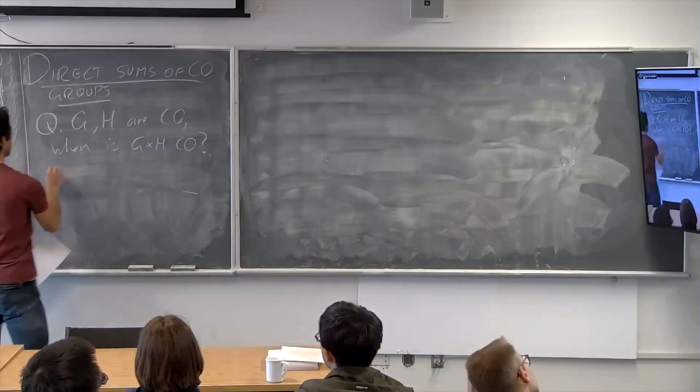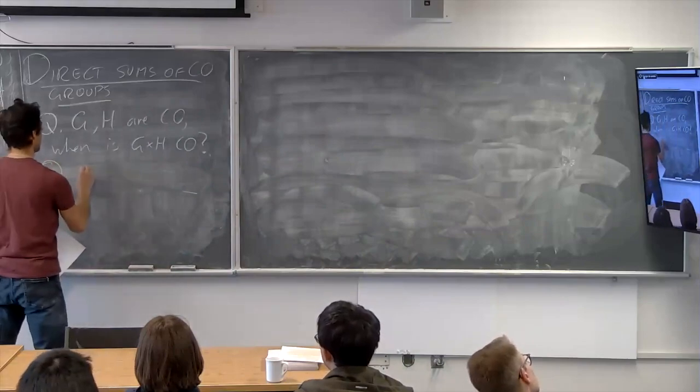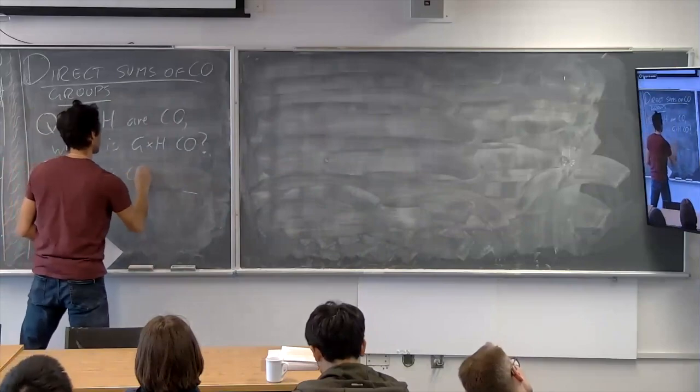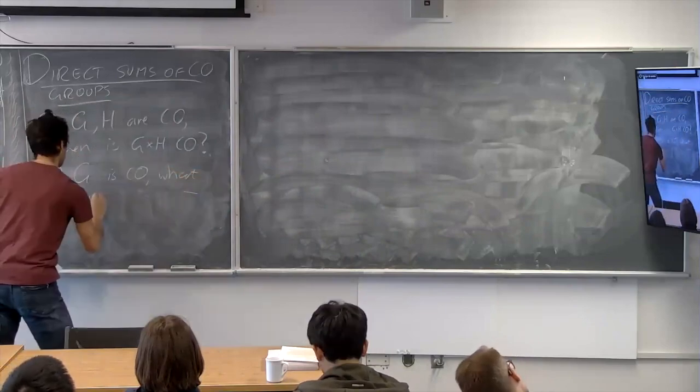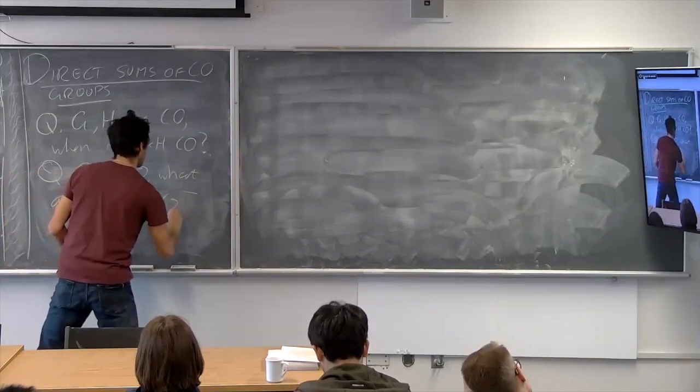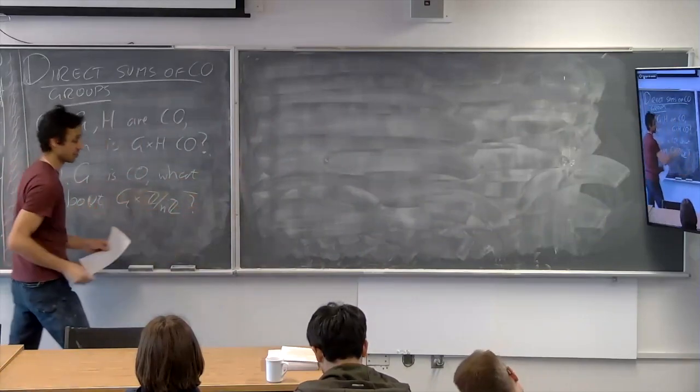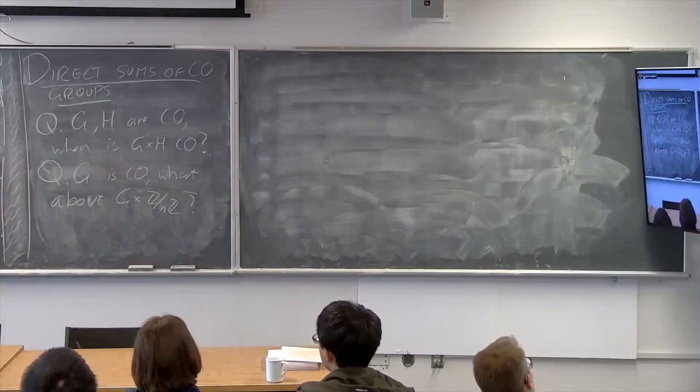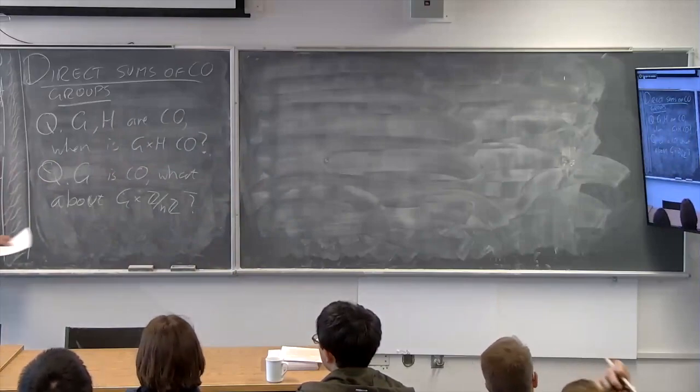So another question is, G is CO. What about G cross Z mod NZ? When is that circularly ordered? All right, let's just make some observations first.